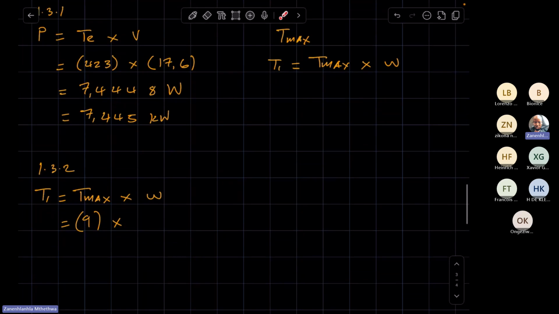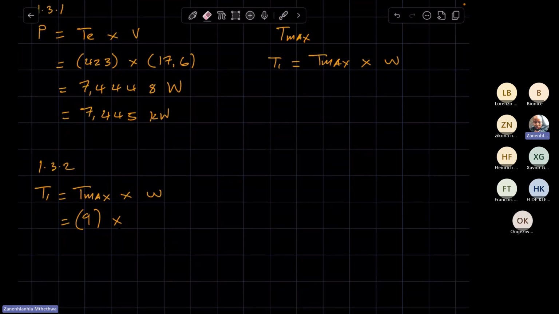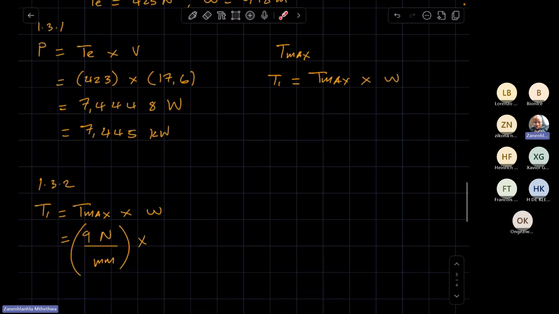So remember here, this is in newtons per millimeter. In order to get rid of these millimeters, we need to substitute the width here in millimeters. Am I making sense here?